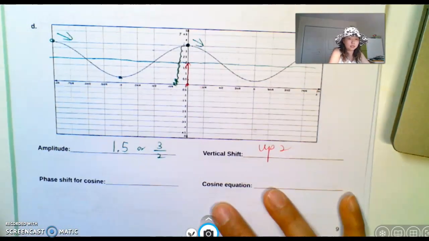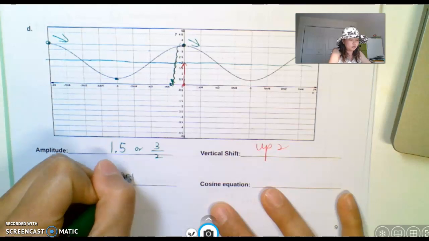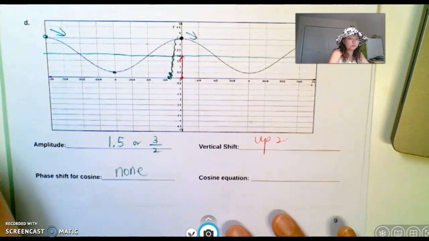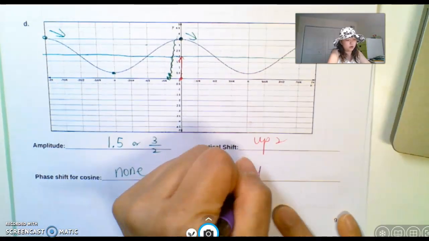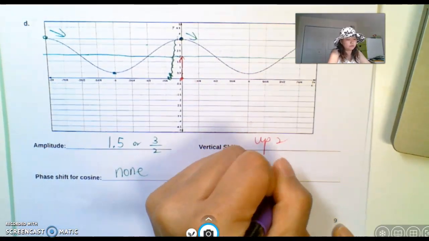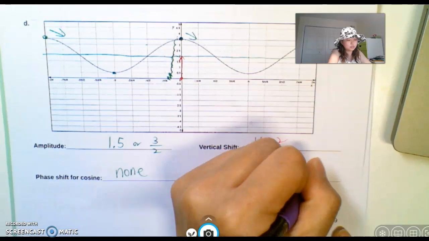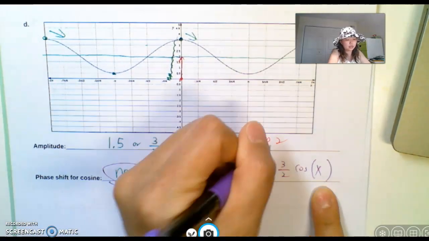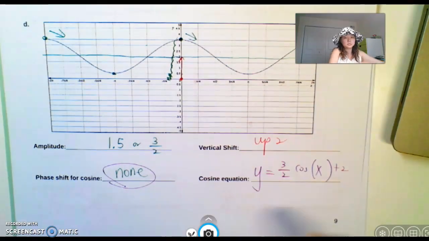We got lucky. There's no phase shift. It just has to go up 2. So the equation would be y equals 3 halves for the amplitude, cosine is cosine, we did not have to move left or right, so just the x, and up 2, so plus 2. There! I did it in 8 minutes.